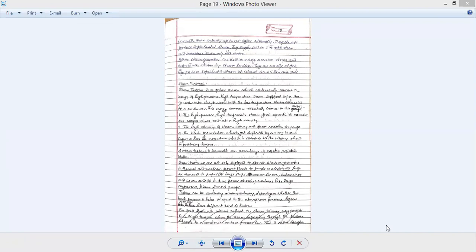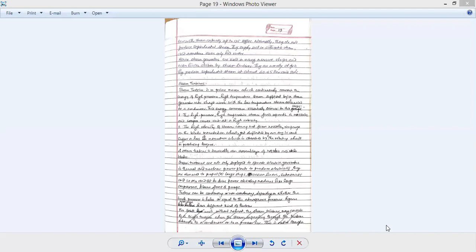We are using the energy of high pressure and high temperature steam supplied by a steam generator to produce shaft work. The steam generator produces steam at high pressure, high temperature, and high velocity to generate the shaft rotation of the turbine itself.